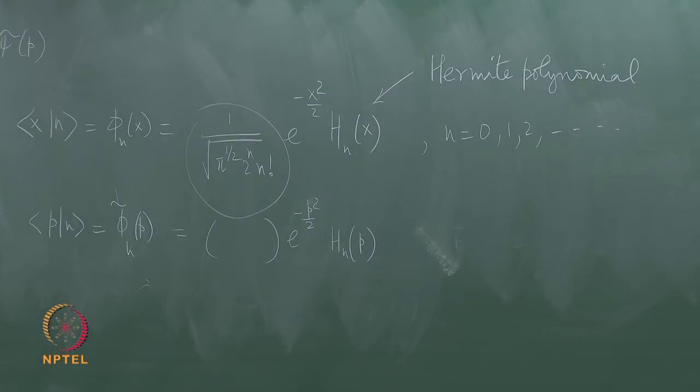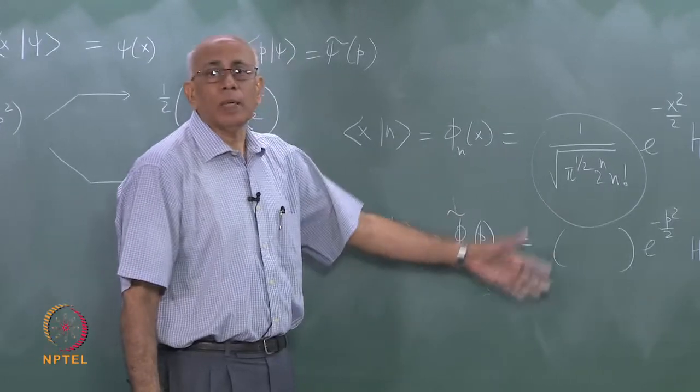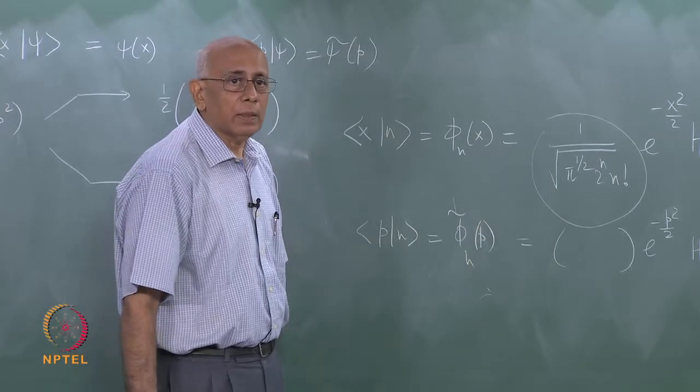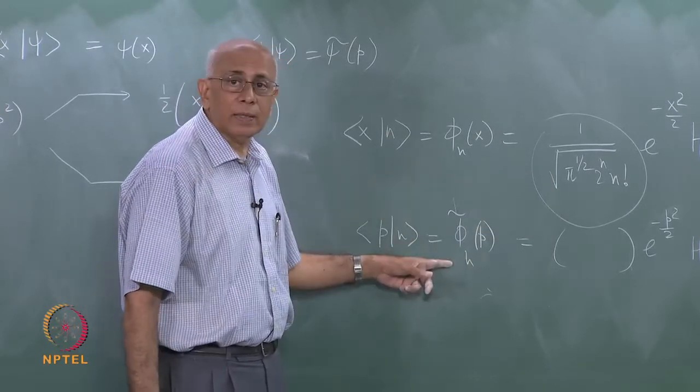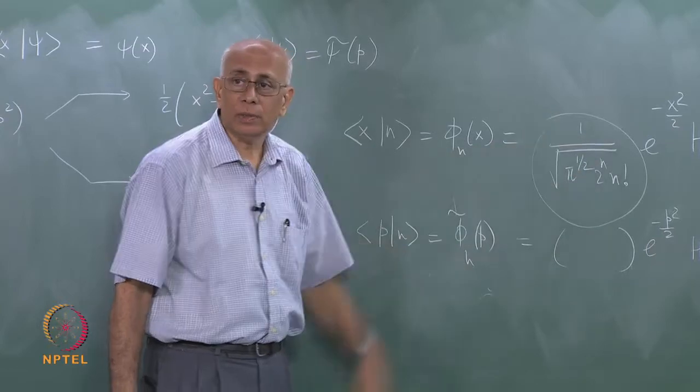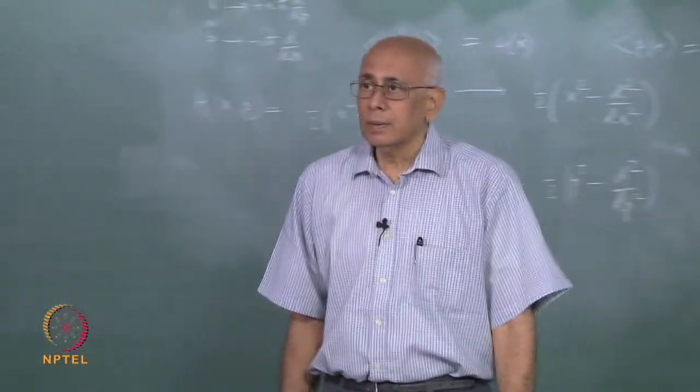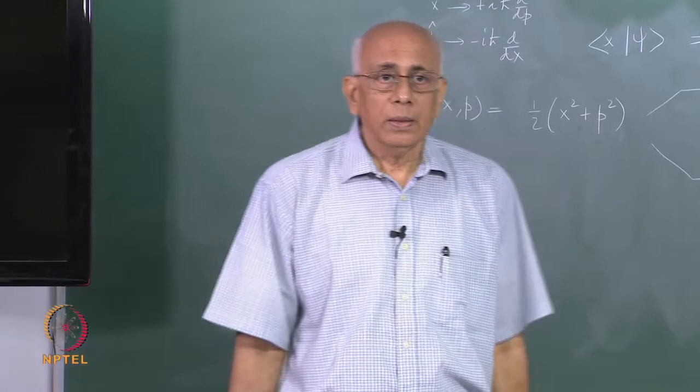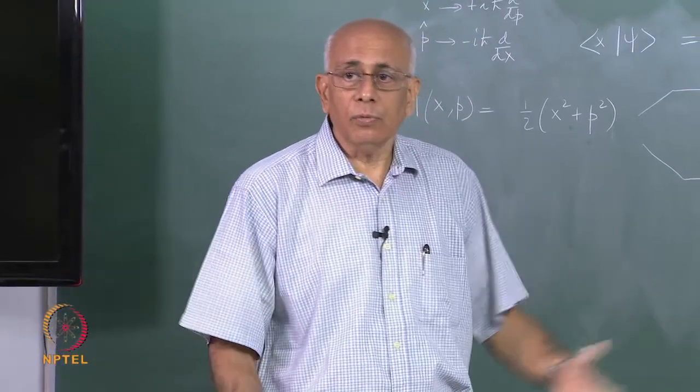But this is the Fourier transform of that, and it looks exactly the same as that function. So this means these are the eigenfunctions of the Fourier transform operator.